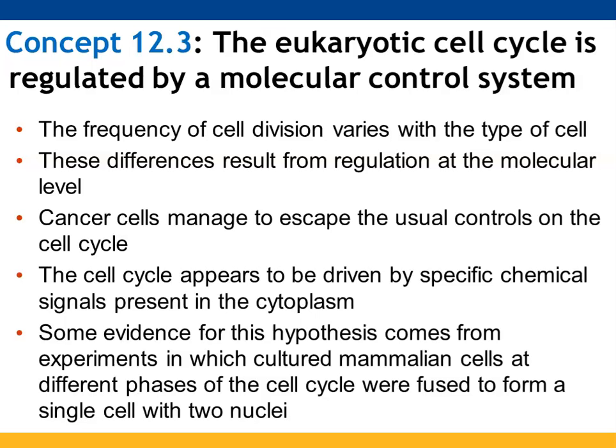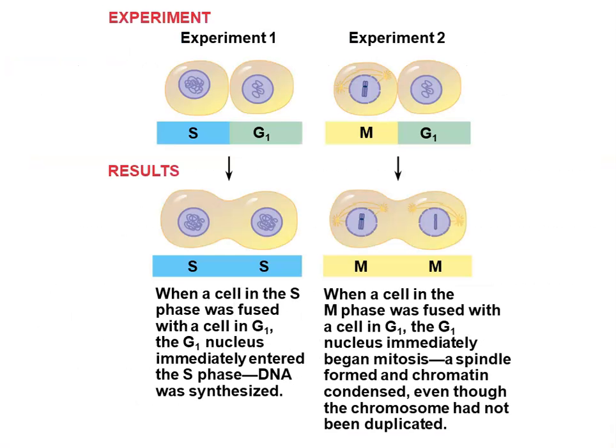where cells that were at different phases in the cell cycle were fused together. So in this first experiment, we have a cell that's in S phase that is going through division, and then a cell that was in G1 that was not duplicating its DNA. It was just growing.